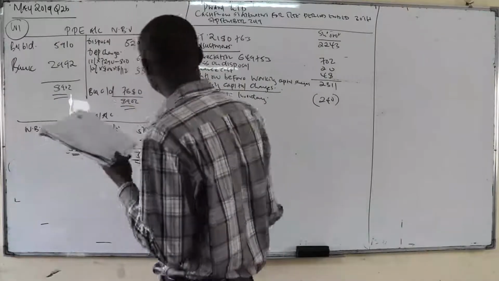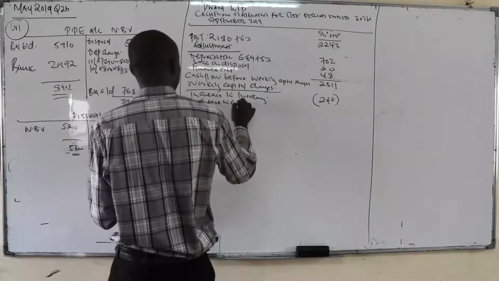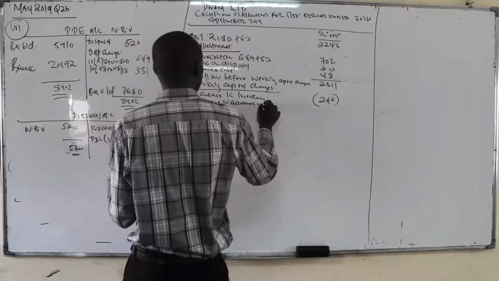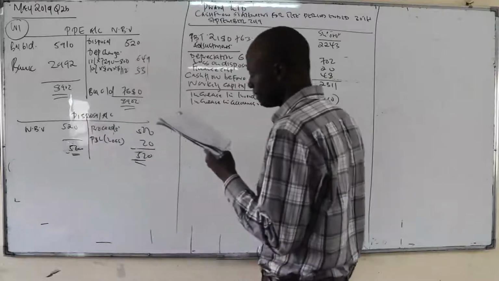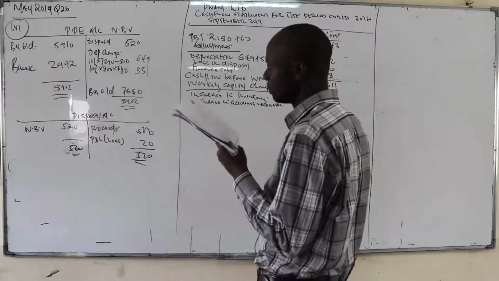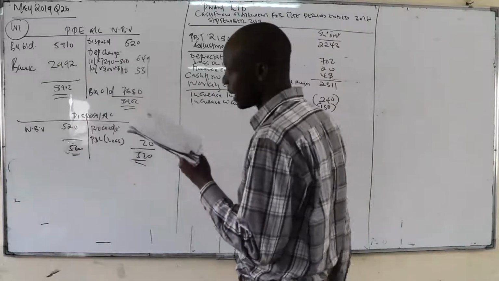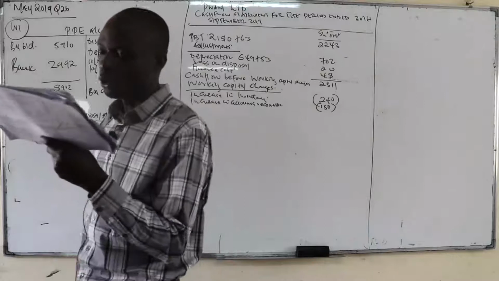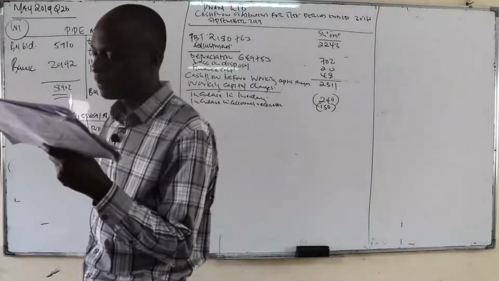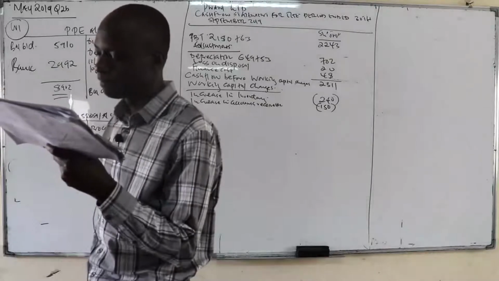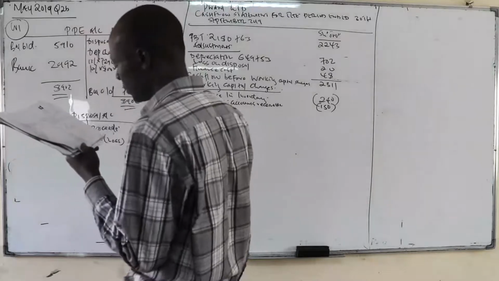Increase in trade accounts receivable. How much is it? 1020 minus 1170. 150. You deduct that one, it is an outflow. And then you go to accounts payable. Is it an increase or a decrease?